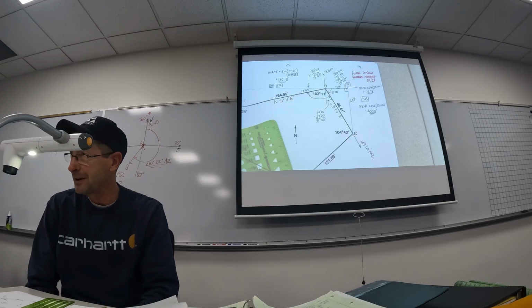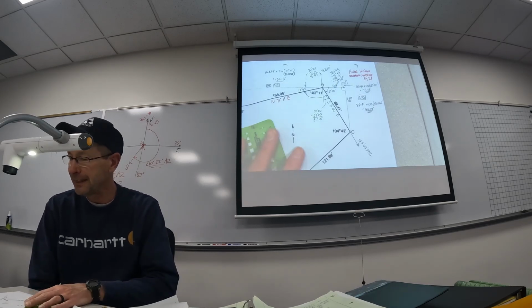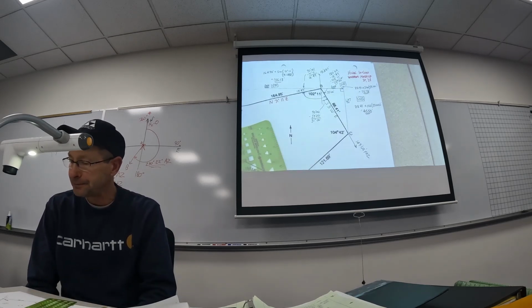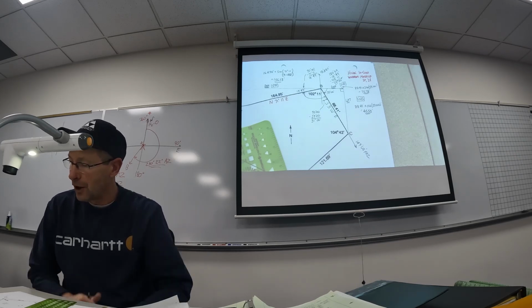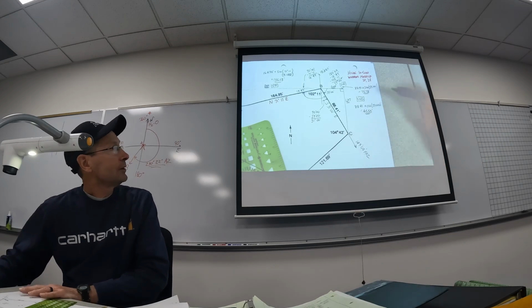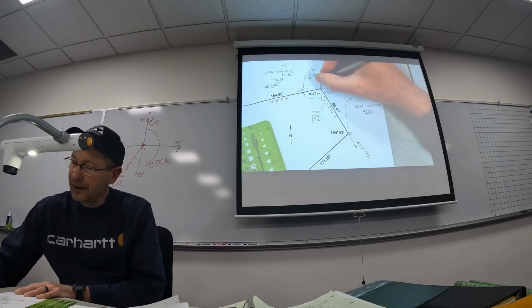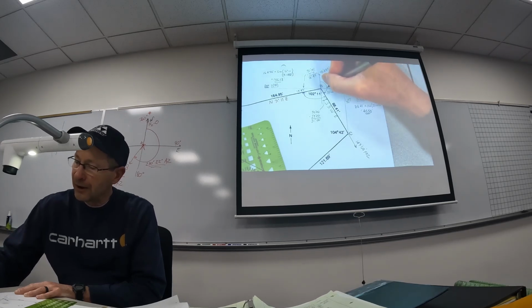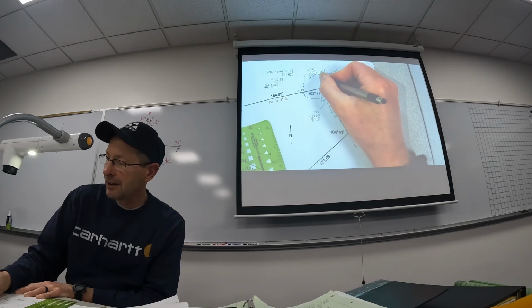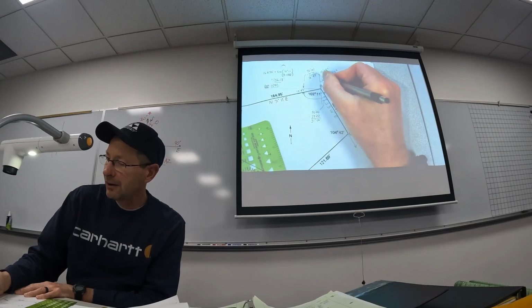Bri, you got a question there? I just got a little lost. How did we get the 149 on this one? The 149 here. Okay, 149 we got from here, Bri. We know that from there to there is 90 degrees, right? 90 degrees there.